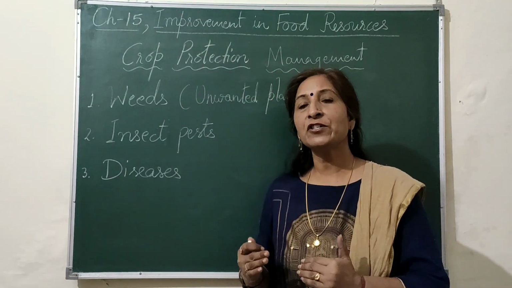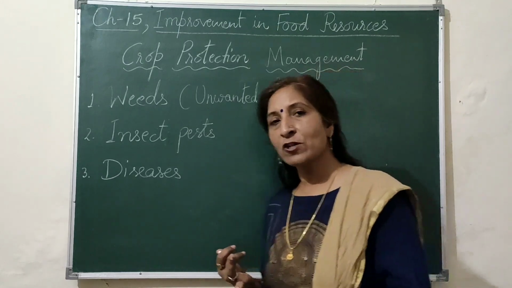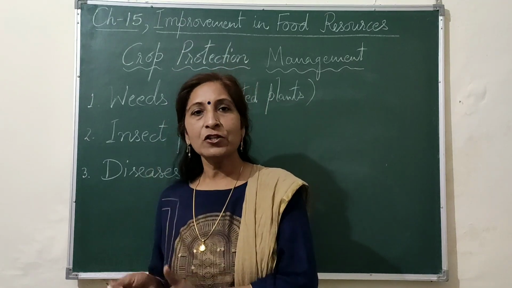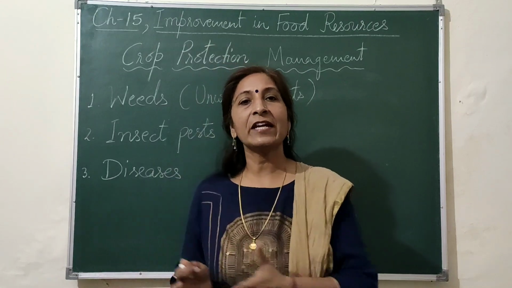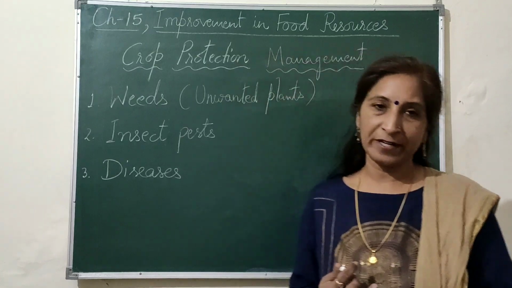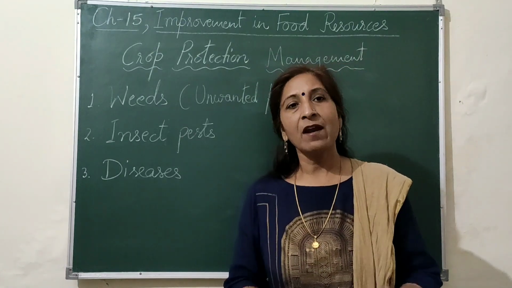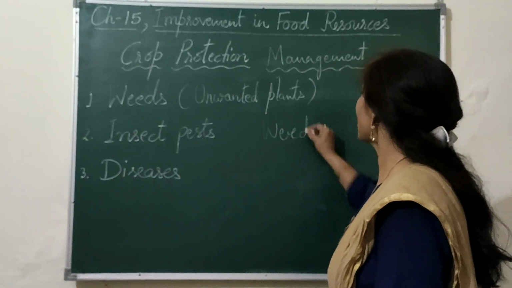So there is competition between the weeds and the crop for nutrients, for water, and also for space and sunlight. As a result, the crop plants' growth is affected because their share is taken away by the weeds. So it is really required to remove these weeds. Removal of the weeds is known as weeding, and how weeding is done, that we are going to discuss now.